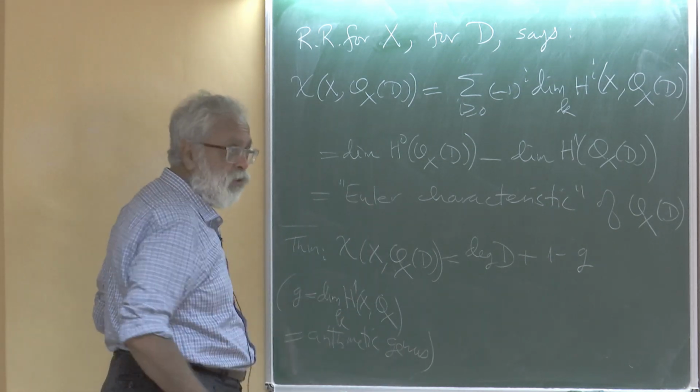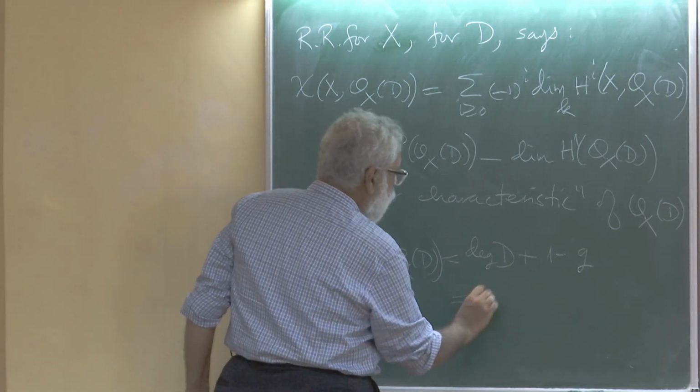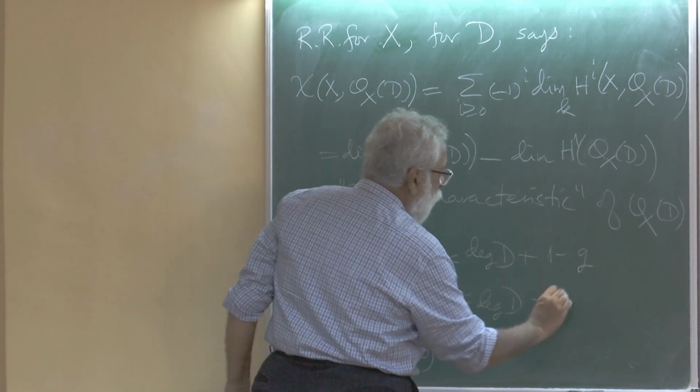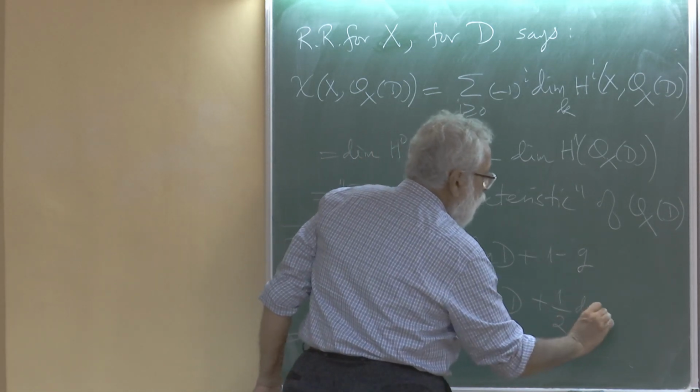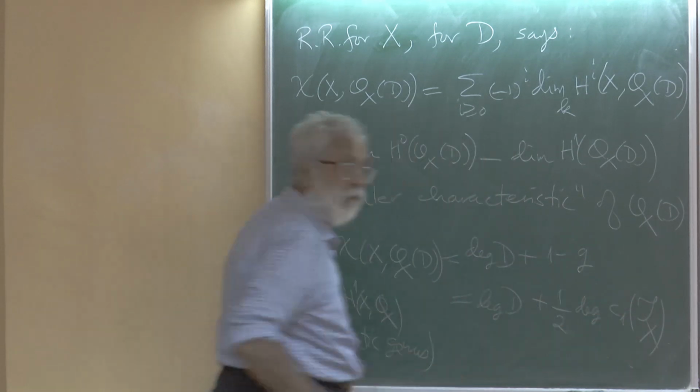This is the most standard way you would see it in the book, but I want to view it a little differently. I want to write it like this: degree D plus half the degree of c_1 of the tangent sheaf of X.